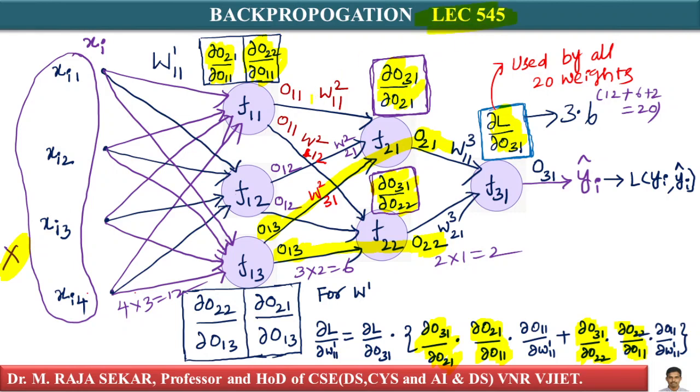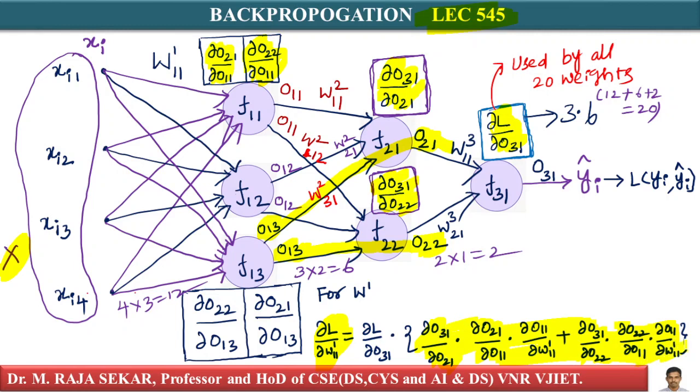Here, for each activation, if you recall the chain rule, we had the vanishing gradient problem because we were multiplying a lot of derivatives, isn't it? Just try to recall, the derivative of L with respect to W11 had complex multiplications of derivatives.